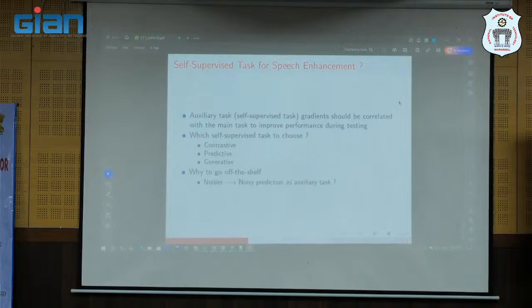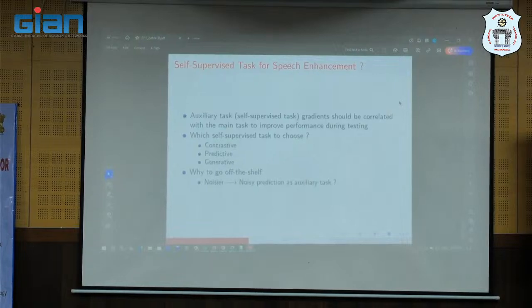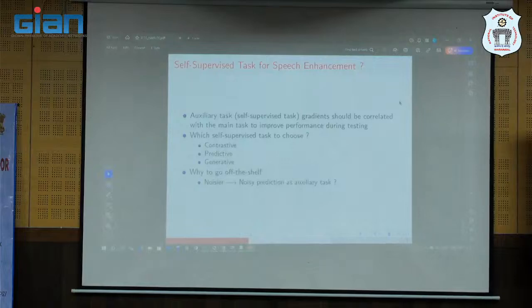That is called contrastive loss, where we increase the contrast between predicting the immediate next samples and the samples that do not come from the same utterance. We have predictive models, where we try to predict the inputs. For example, we can mask some of the inputs of the utterance and try to predict them using the network. And we have generative models, where we try to generate the next few samples of the utterance.